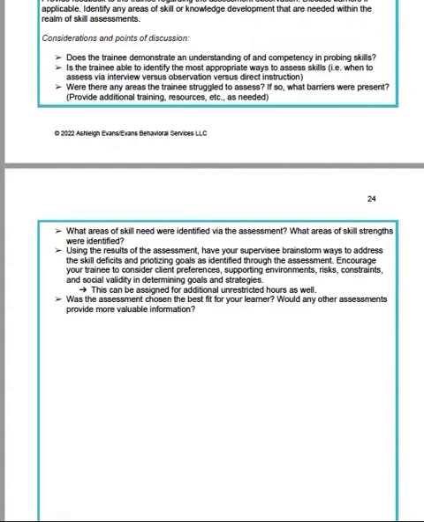Encourage them to consider client preferences, supporting environments, risks, constraints, social validity, all that good stuff. And then consider, was the assessment chosen by your supervisee the best fit for the learner? Why or why not? Would any other assessments provide more valuable information?